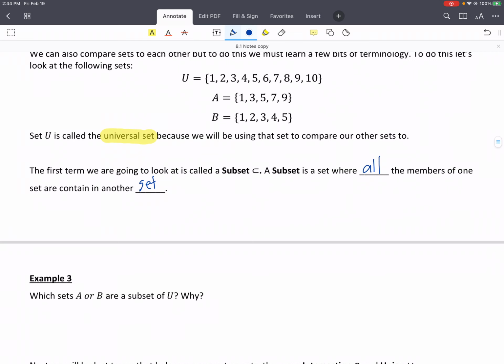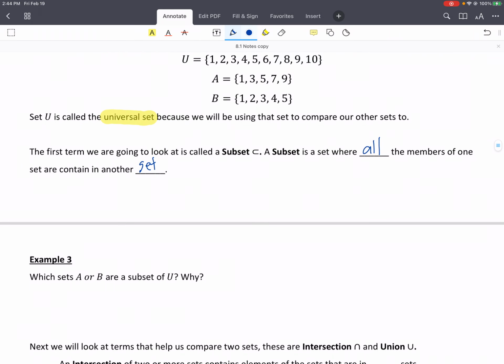So let me scroll down here to the next page. We still have our set U of numbers 1 through 10, and then A and B. So if we look at which sets, A or B, are a subset of U, what we've got to do is see if all the members of A, first off, are in U. And so we've got A is 1, 3, 5, 7, 9.